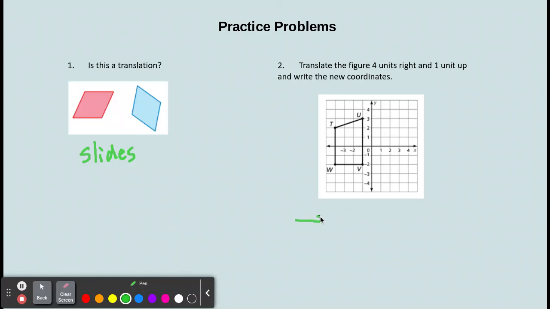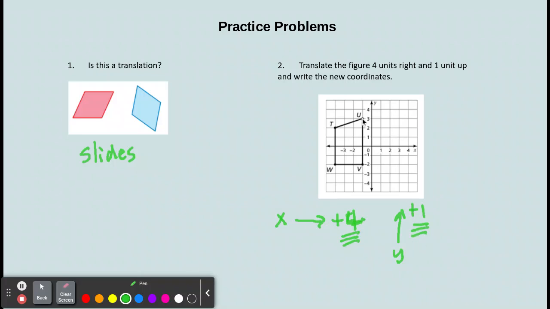That means moving in the positive x direction. So we are going to add 4 units in the x direction. And then for the y, it says 1 unit up. Remember, moving up in the y means we are also going to move in the positive. So our x values are going to increase by 4, and our y values are going to increase by 1.